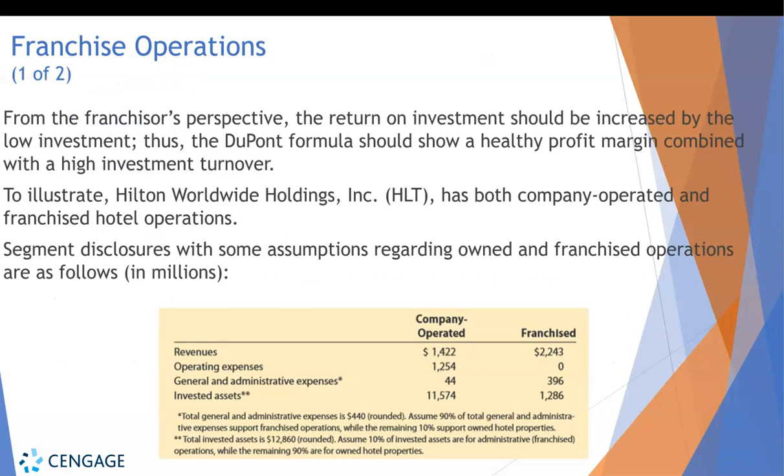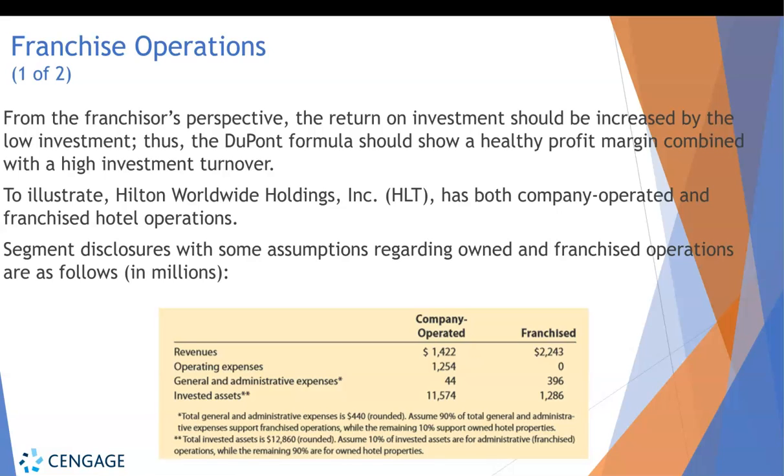From the franchisor's perspective, the return on investment should be increased by the low investment, so that DuPont formula would show a healthy profit margin combined with a high investment turnover. Hilton has company-operated and franchise-operated hotels.